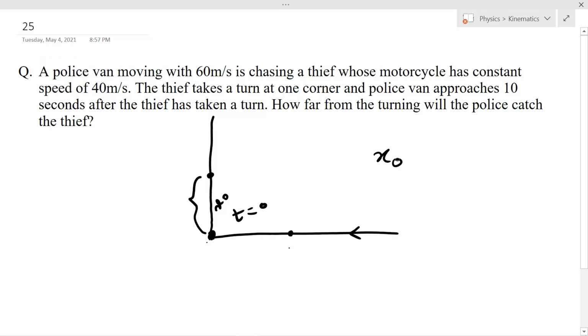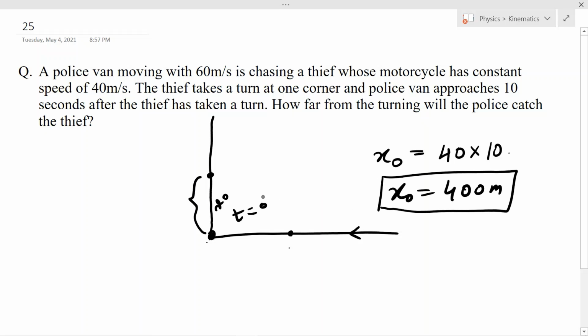So x0 will be the speed of the thief, which is 40 times 10 seconds. Because in this time, the police comes to this corner, and after 10 seconds the thief would have moved this distance x0 in 10 seconds. So this will be 400 meter. So the thief has a head start of 400 meter here.